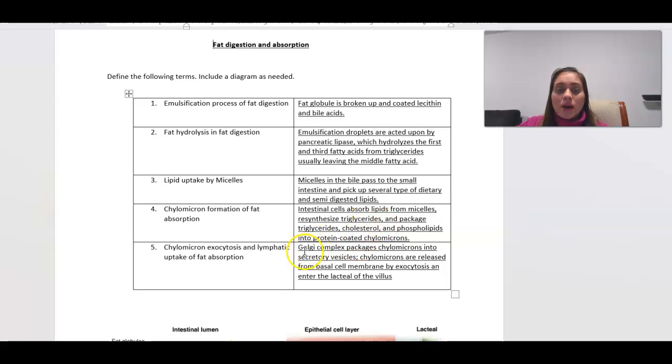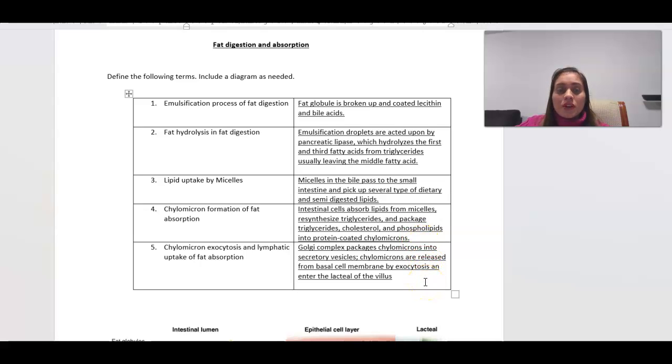The fourth one can be described as the intestinal cells absorbing lipids from micelles, resynthesizing triglycerides and packaging triglycerides, cholesterol, and phospholipids into protein-coated chylomicrons.